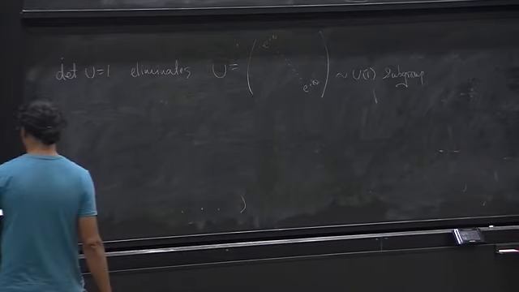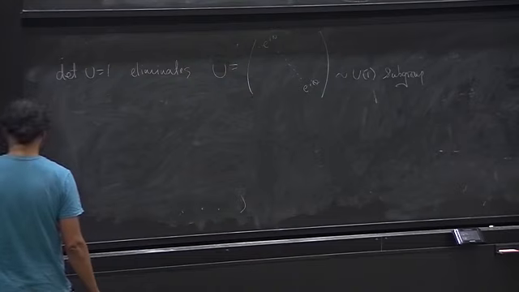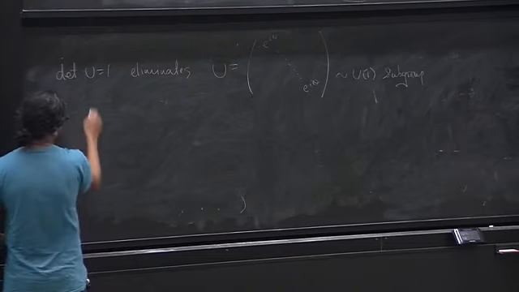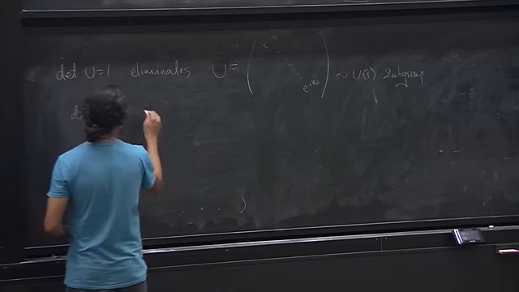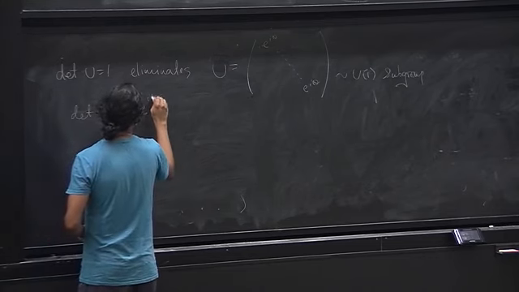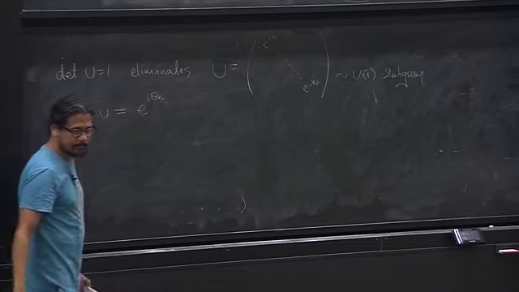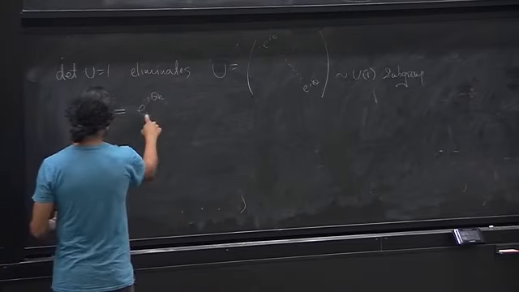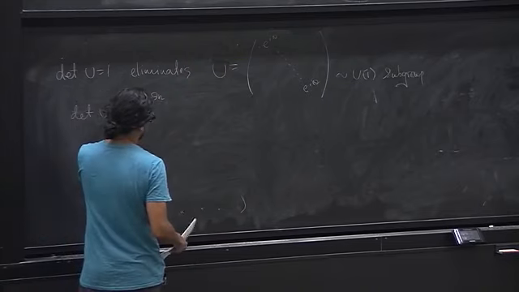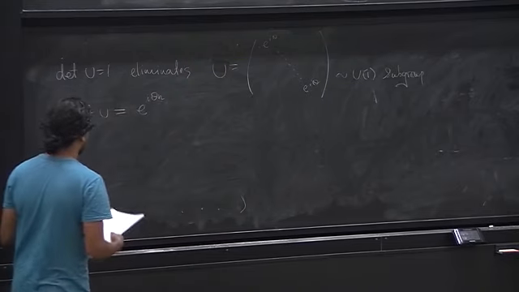So for example, if I take the determinant of this matrix, it is e to the i theta n. For generic values of theta, this is some phase, so it is not equal to 1.